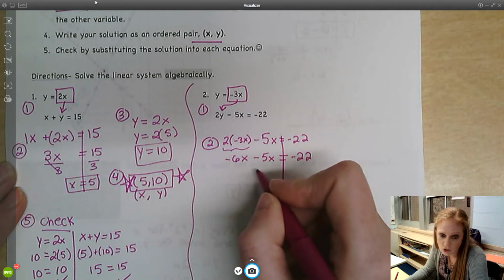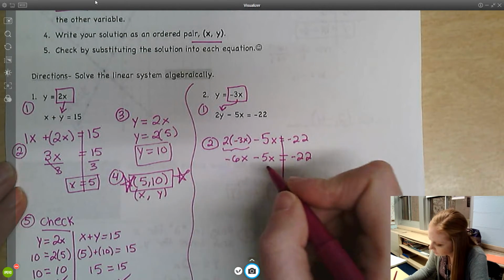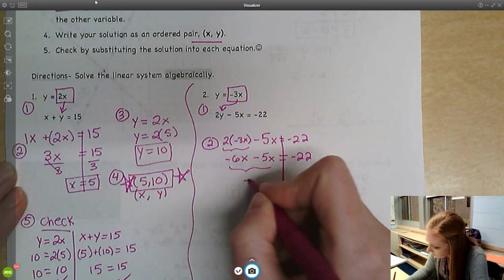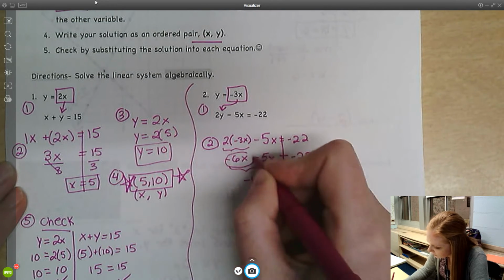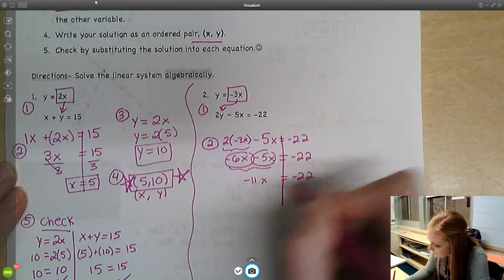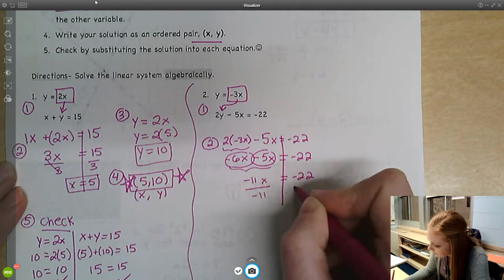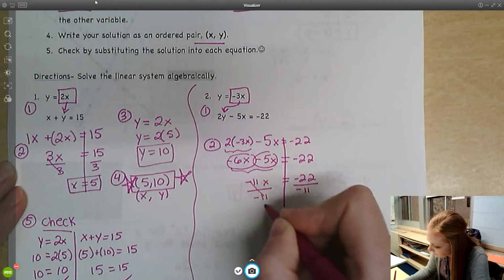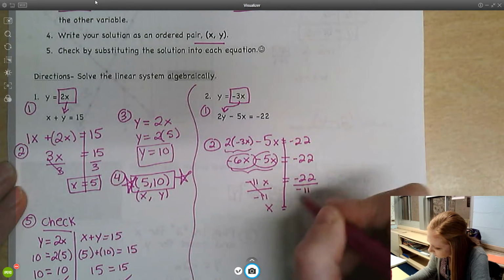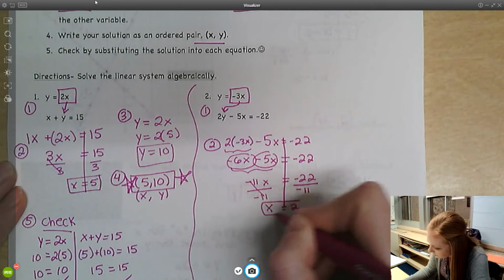We can combine like terms on this side, negative 6x minus 5x. I'll even circle them because they're like terms. Negative 6 minus 5 would be negative 11x. Now we can solve for x by dividing both sides by negative 11, and we will get that x equals positive 2.